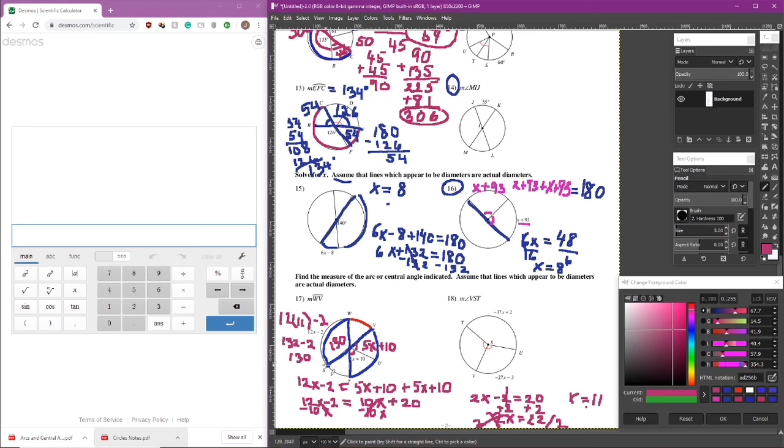So this is a half a circle. Half a circle equals 180. And I can take away the piece that I know, which was 130. And left over is 50. So W to V, the measure of that arc WV, is 50 degrees. And that one's done. That was quite a little puzzle.